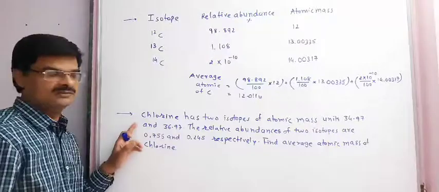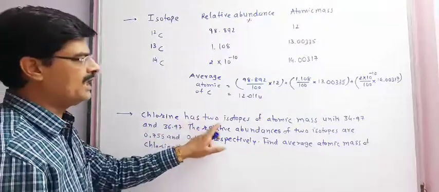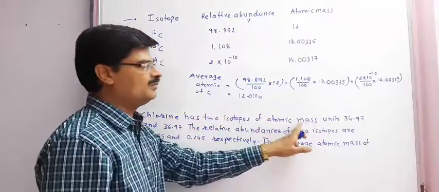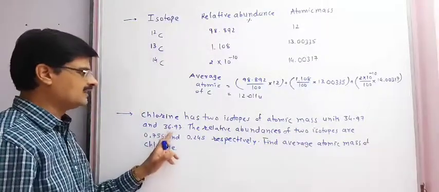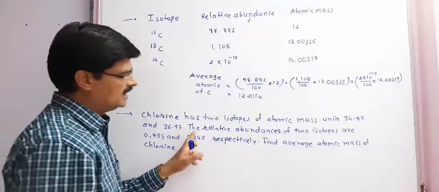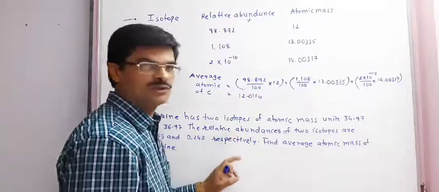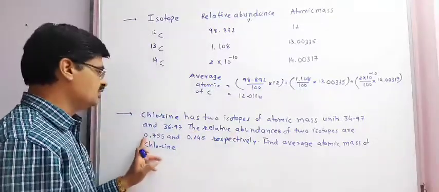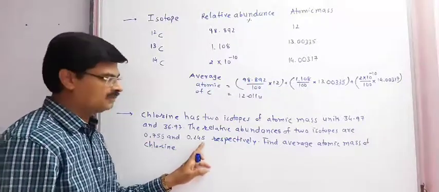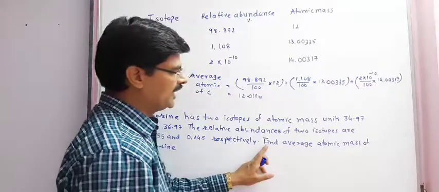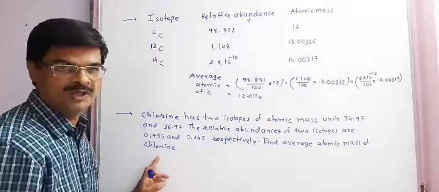In the next sum, chlorine has 2 isotopes of atomic masses 34.97 and 36.97. The relative abundances of the 2 isotopes are given as 0.755 and 0.245 respectively. We also have to find the average atomic mass of chlorine.